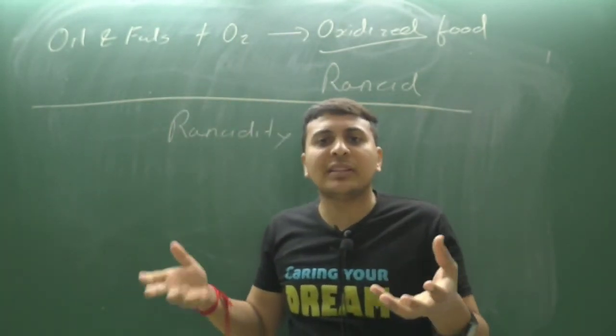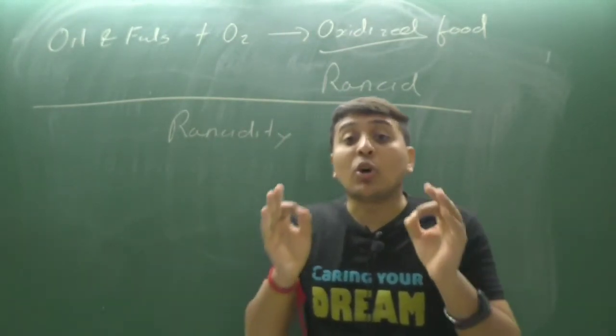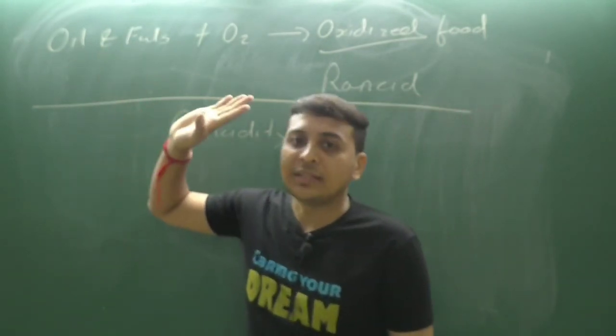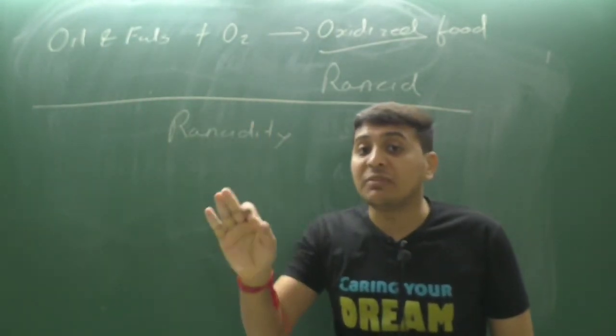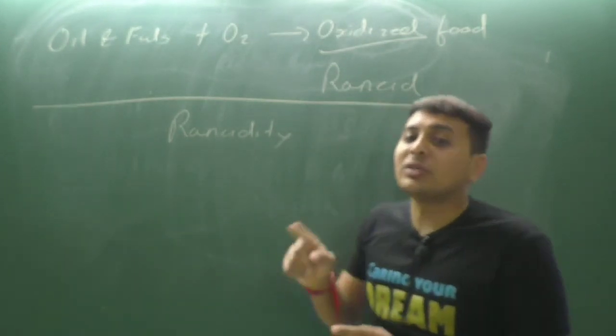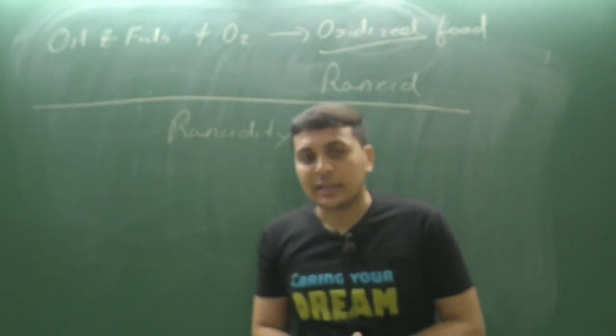That is quite simple. There is oxidation of food material. That is the oxidation process. But oxidation of which type of food? In which oil and fats are present. The food in which oils and fats are present, when it comes in contact with oxygen, gets oxidized and converts into rancid. Clear?